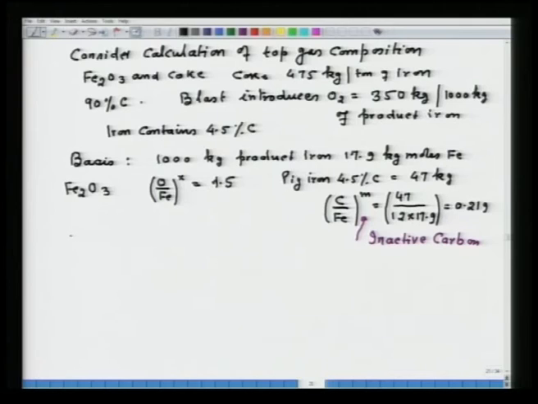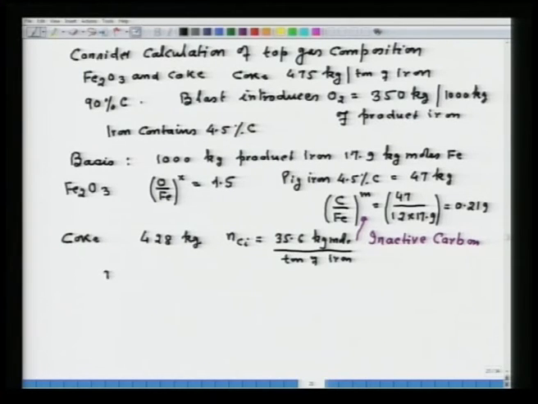Now, coke, we are supplying 428 kg, the active part of it. So, NCI will be equal to 35.6 kg mole per ton of iron.